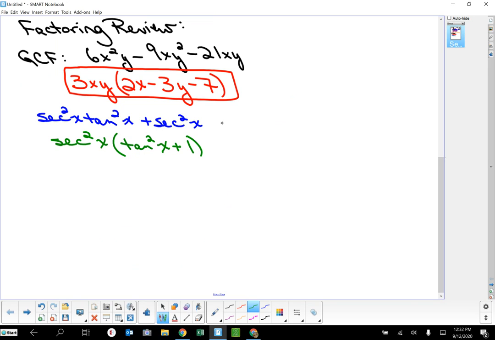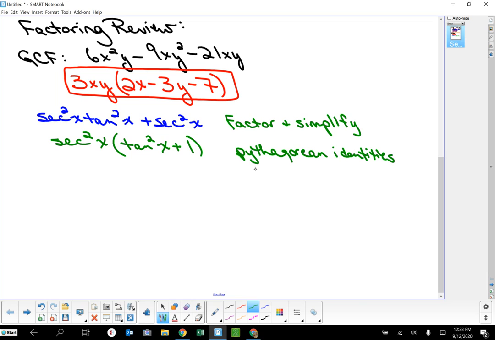But the directions say to factor and simplify. And the more of these you see, the better off you're going to be. So remember that with the Pythagorean identities, tangent squared x plus 1 equaled secant squared x. So this, by an identity, is secant squared.